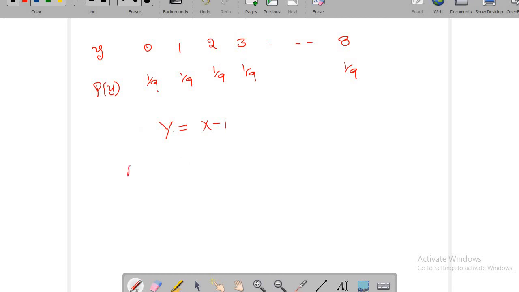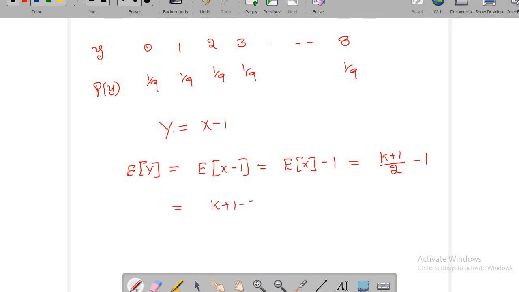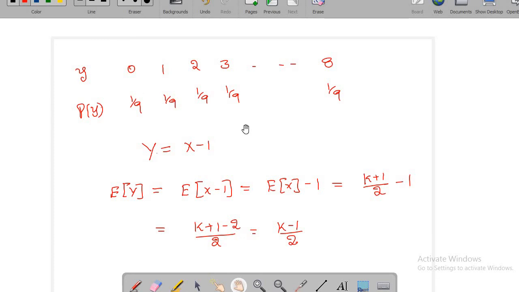Now to find the expected value of y, that's the expected value of x minus 1. You know the expected value of x, that's (k+1)/2 minus 1, that's (k+1-2)/2, exactly (k-1)/2.